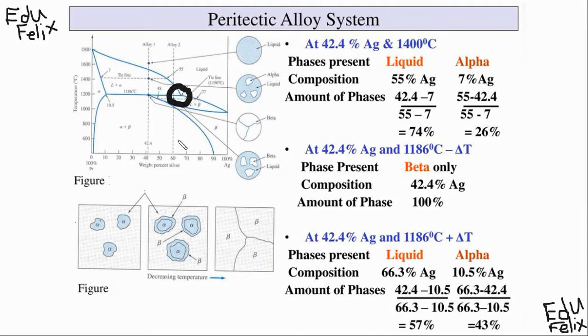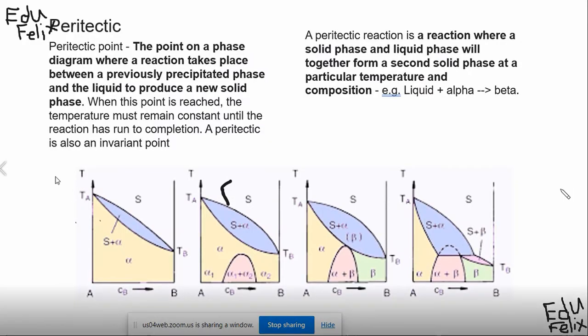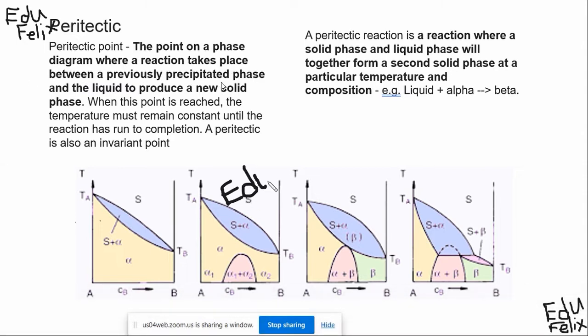Here, can you see this point? Peritectic point: the point on a phase diagram where a reaction takes place between a previously precipitated phase and the liquid to produce a new solid phase.